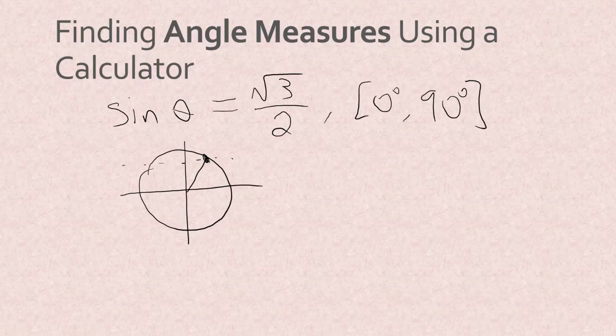Either through memorization or through using a special right triangle, you should know that theta would be 60 degrees. There's no need for a calculator to figure that out.